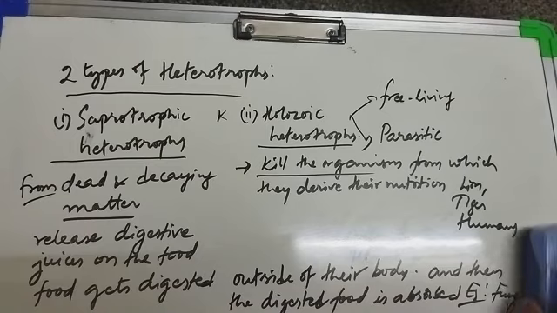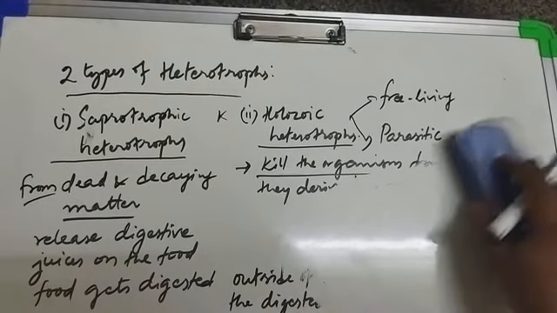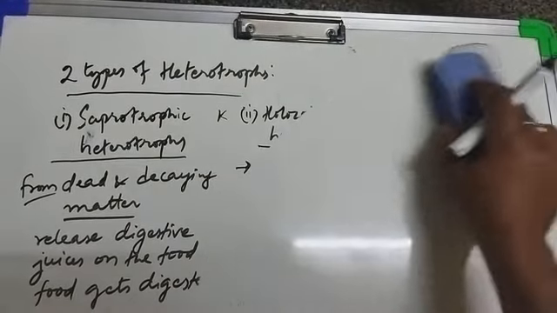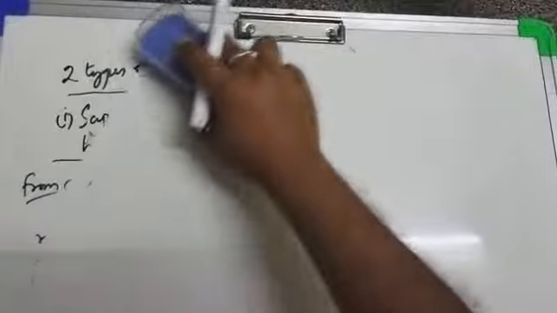Coming to parasitic heterotrophs. What do they do? What is a parasite? A heterotroph that depends on the other organism not only for its nutritional demand but also for its shelter is known as a parasite.